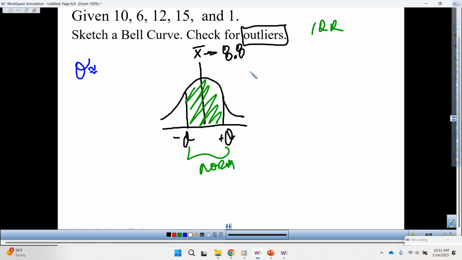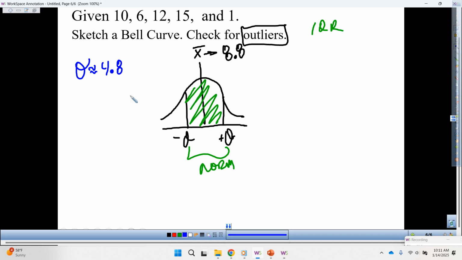Standard deviation. 4.8. Hands, have you got something like that?